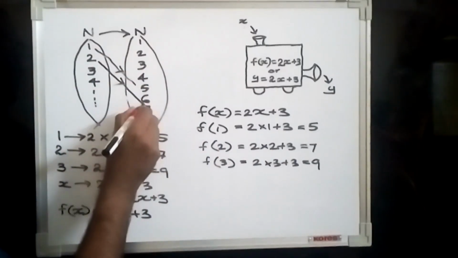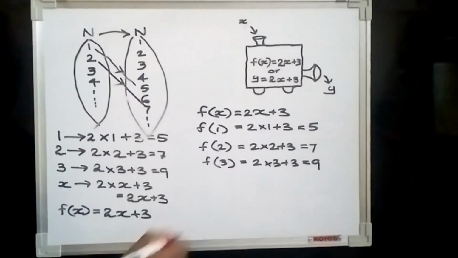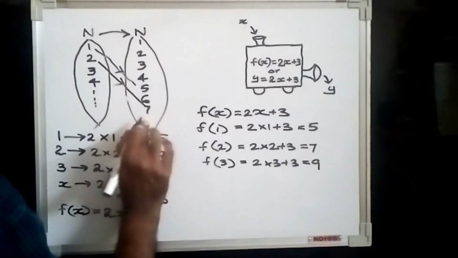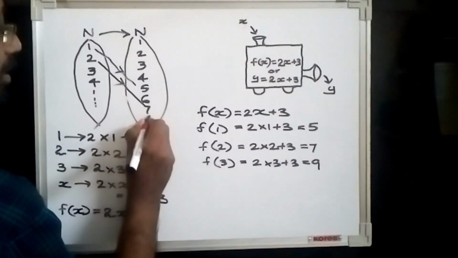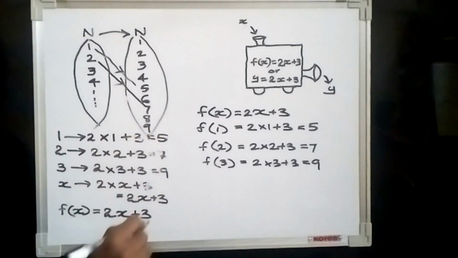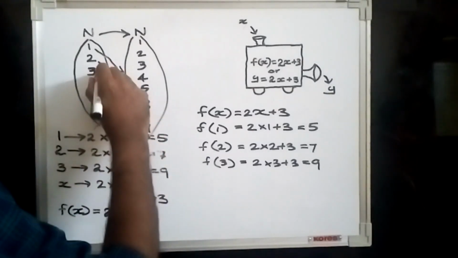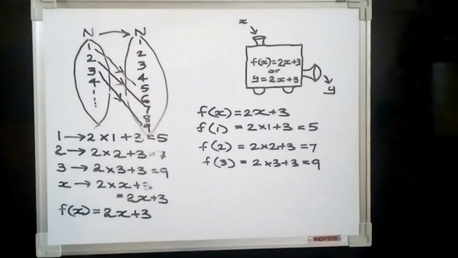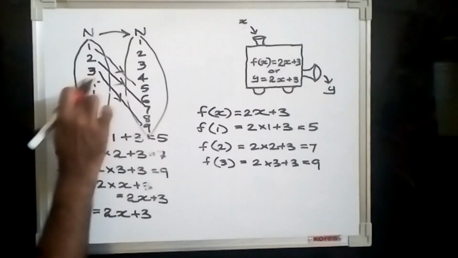And 3 is related to 9. Let us write 8 and 9 also. When 3 is the input, 9 is the output. And similarly 4 is related to.